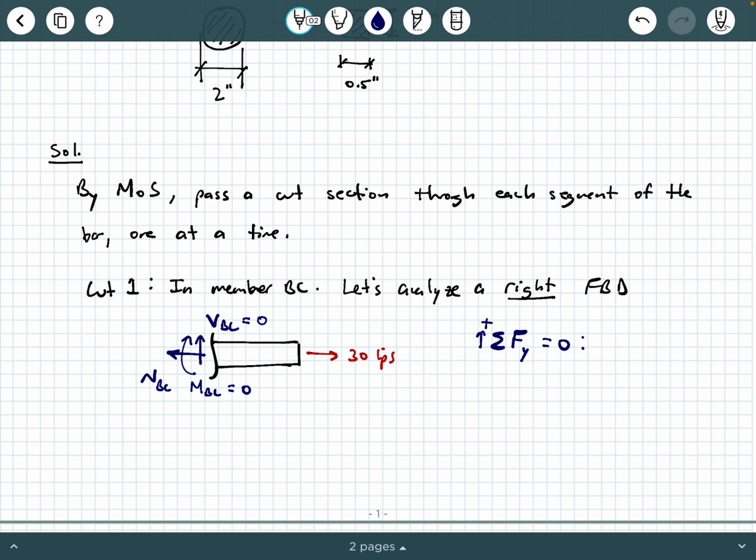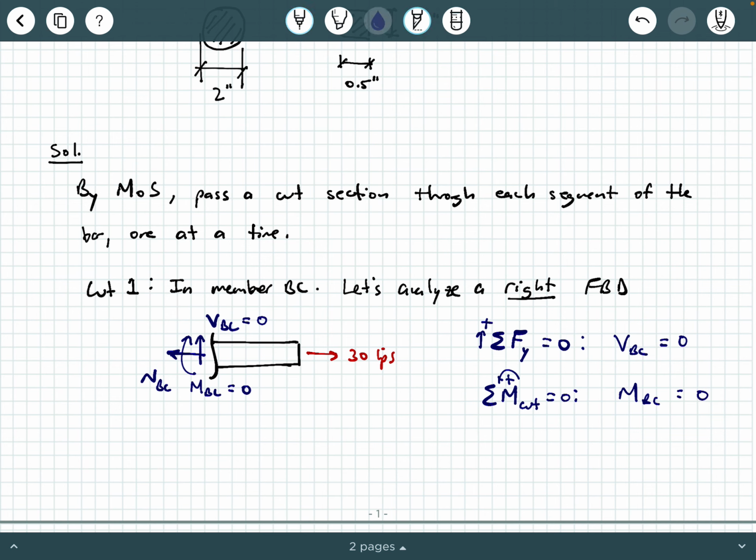And if you just look at this free body diagram, the only force that has a y component is VBC. And so if that's the only thing with a y component and there's nothing else, then of course it must be 0. And then the same thing by taking the sum of the moments about the cut equals 0. You can come to a similar conclusion. MBC is also equal to 0.